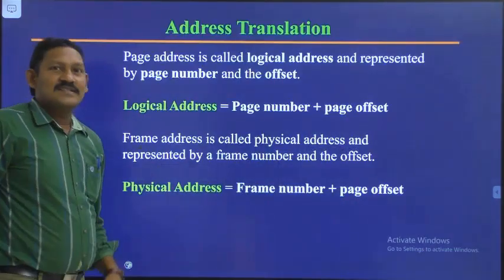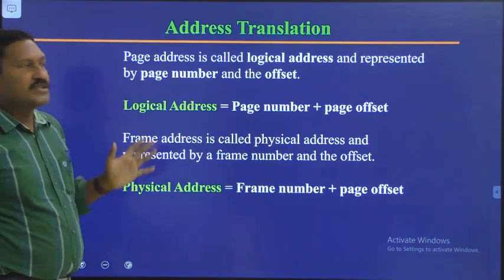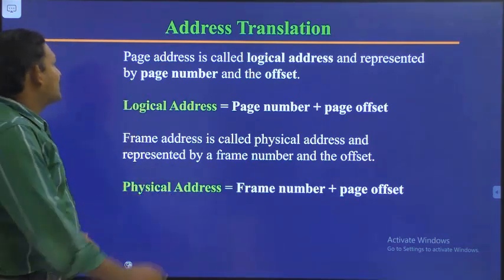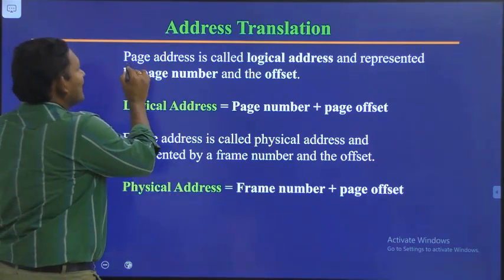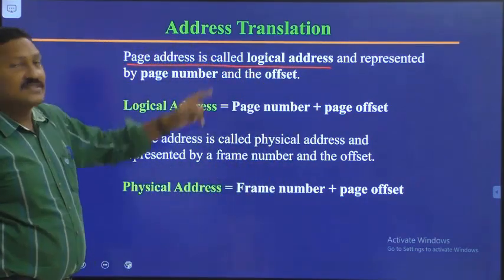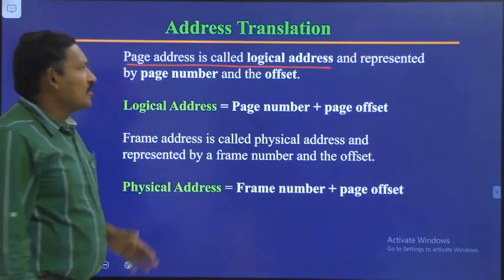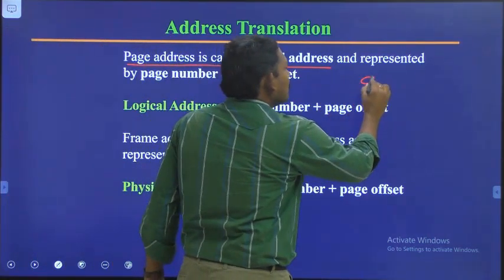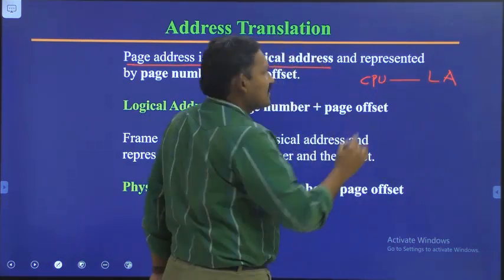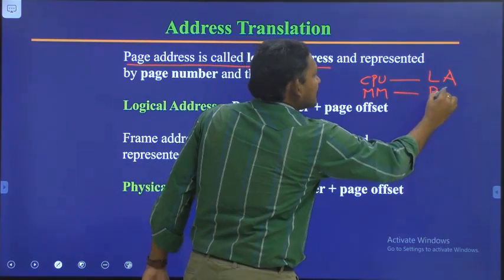Next, address translation. This also is a part of paging only. We are discussing paging only. So here, the page address is called logical address. Normally we know the CPU specifies a logical address, whereas main memory specifies physical address.